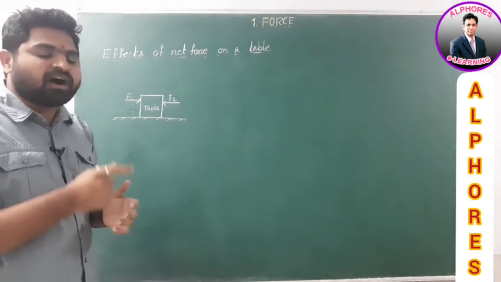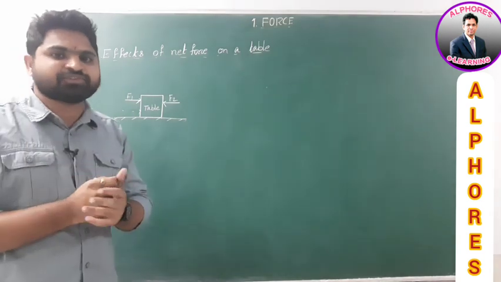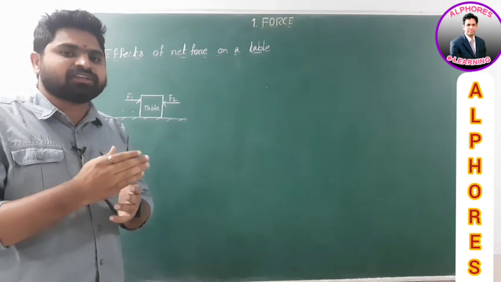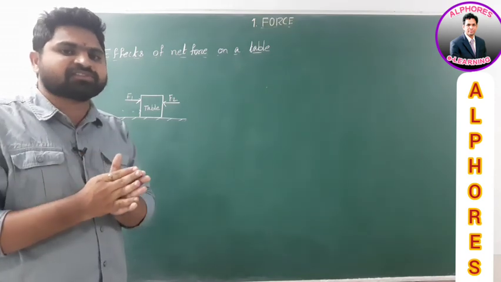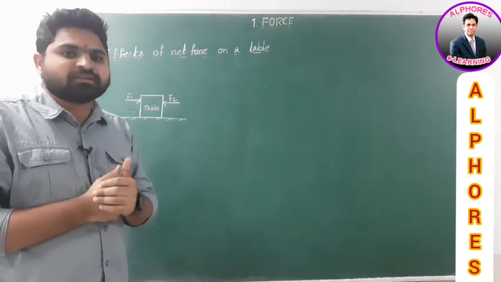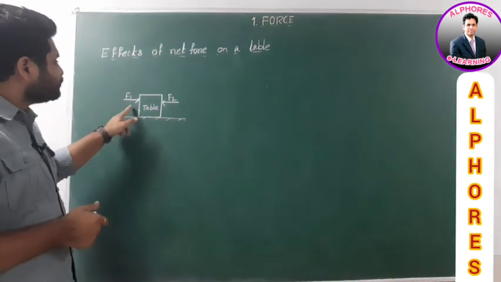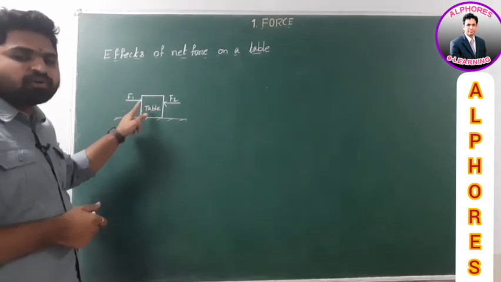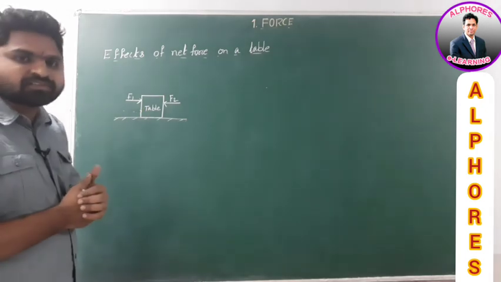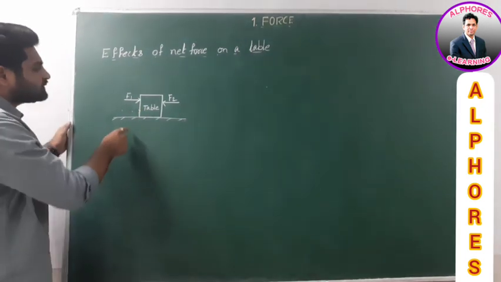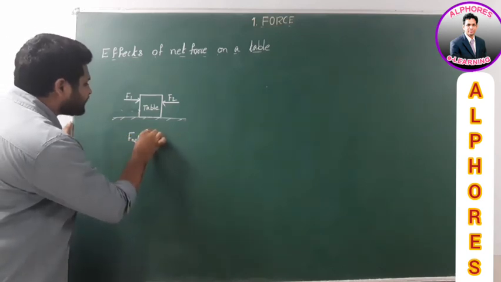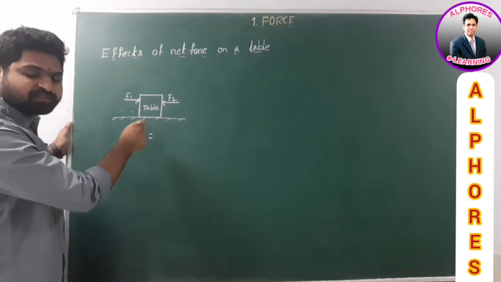All forces have magnitude and direction. We have to take the direction of the force into account. While adding the forces, we need to take the direction of the forces into account. Here, the two forces are acting in opposite directions, so the net force acting on the table is nothing but the difference of these two forces.